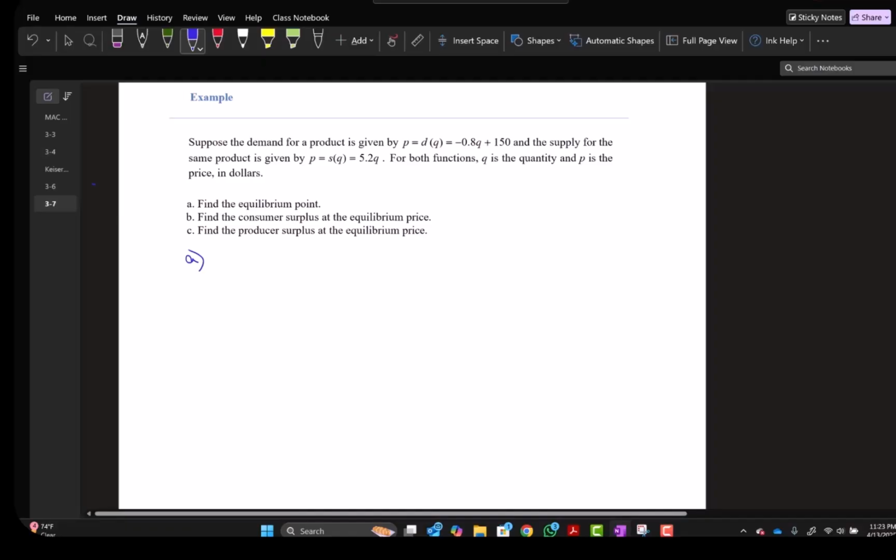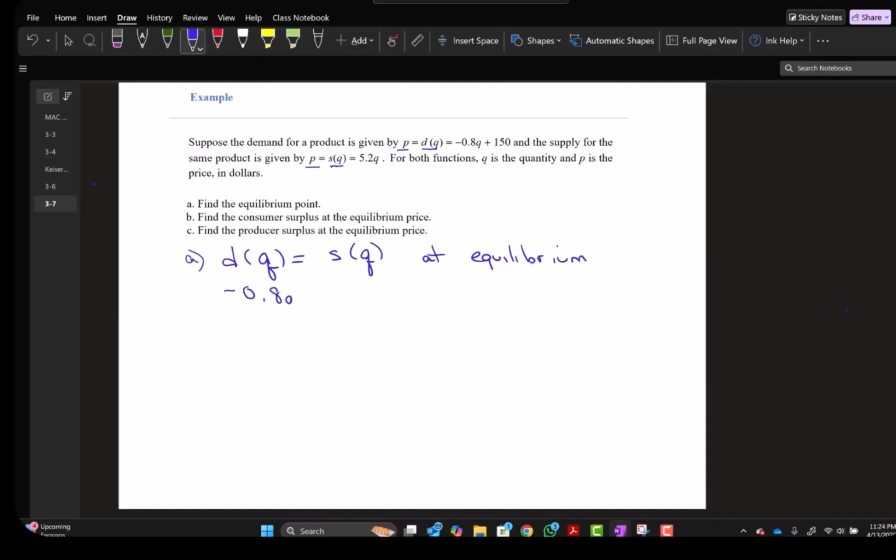I want this P to equal this P, which is the same as saying the demand function equals the supply function. Negative 0.8 Q plus 150 is equal to 5.2 Q. And now I just solve for Q. I'm going to add 0.8 Q to both sides.